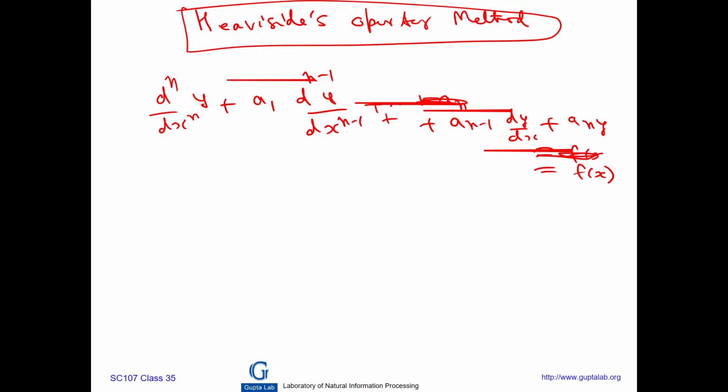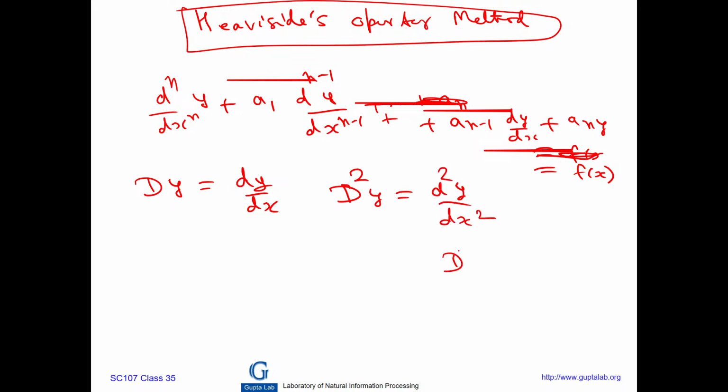This is our equation. So now, nth order differential equation with constant coefficients. So I will put D of y as dy by dx, D square of y is equal to d2y over dx2, and so on. D nth y is equal to dny over dxn.